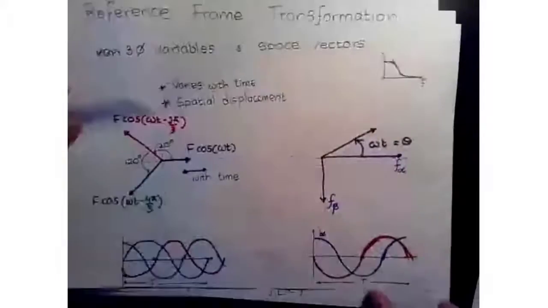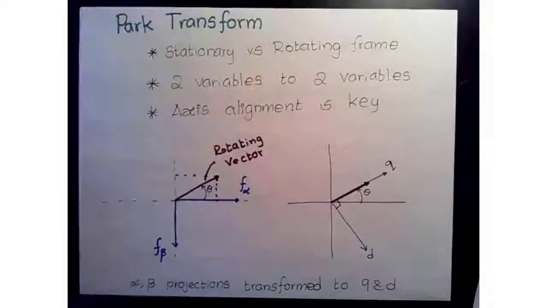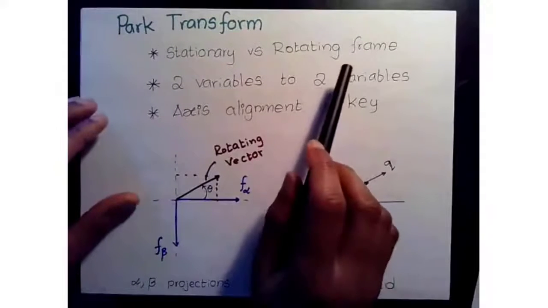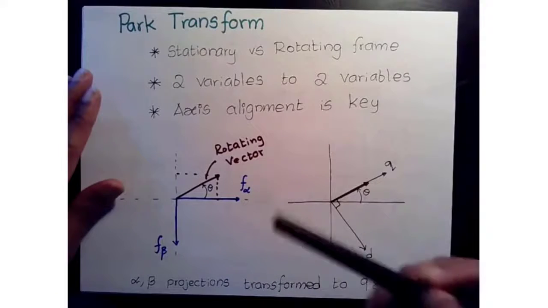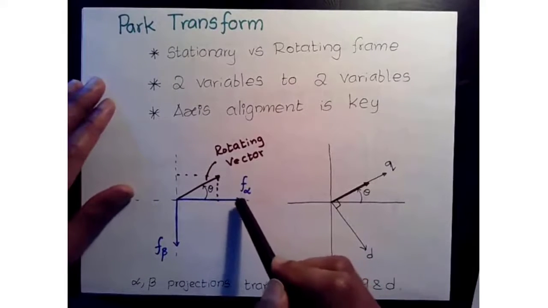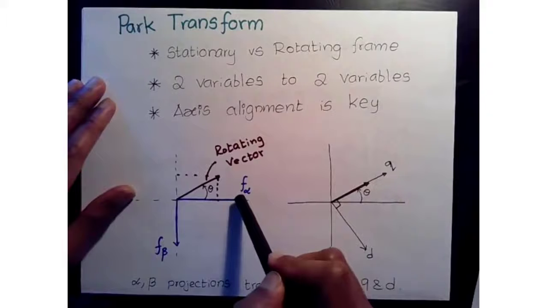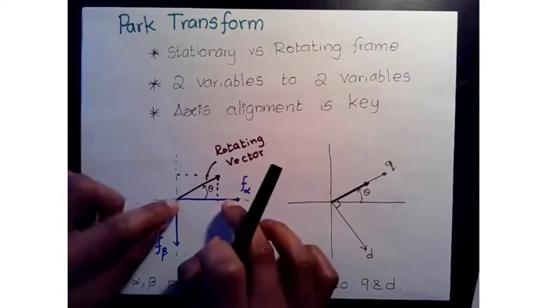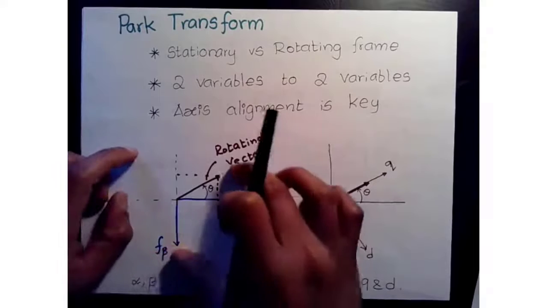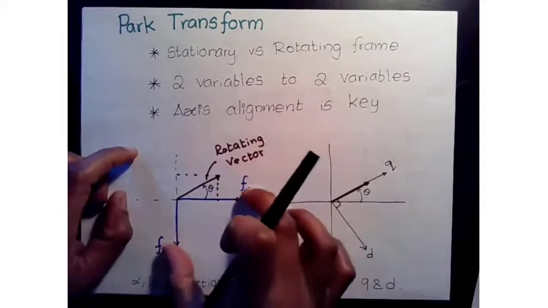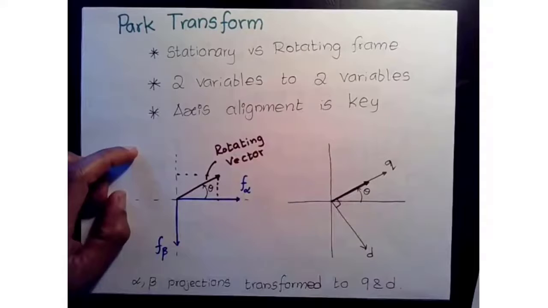Now, the Park transform was also developed back in the 1930s. What they came up with is: why should we look from a stationary frame? Why don't we move with the vector? Why don't we come up with an axis system that can move with the vector?